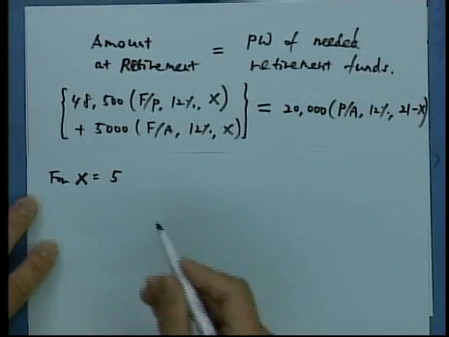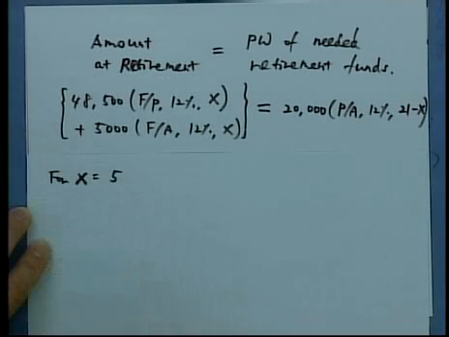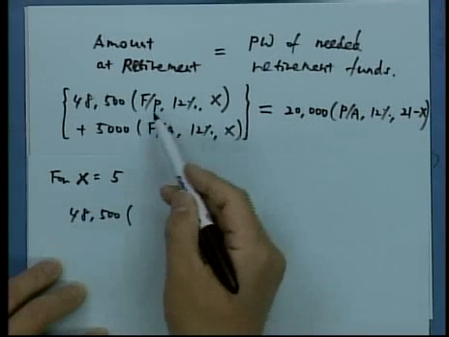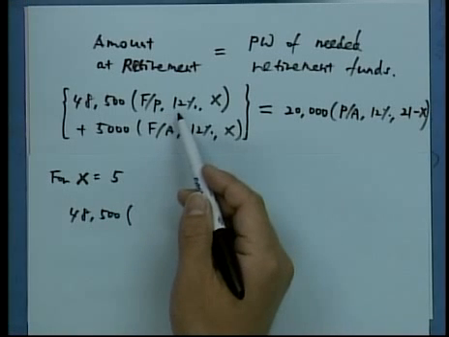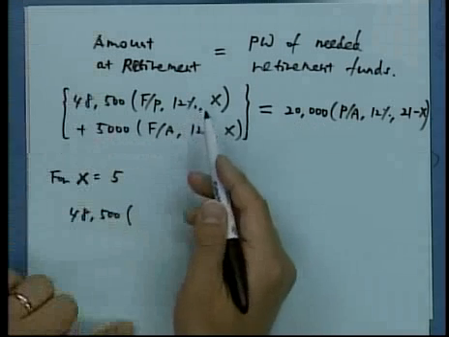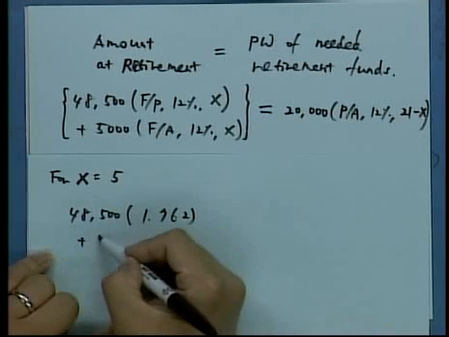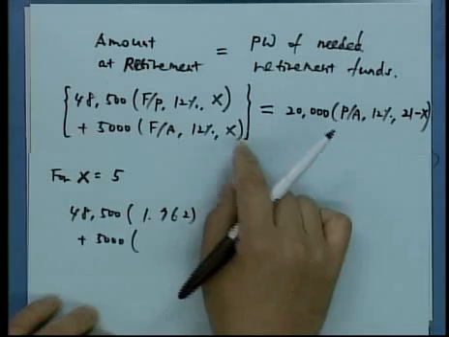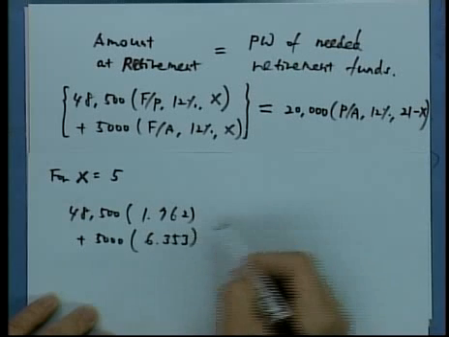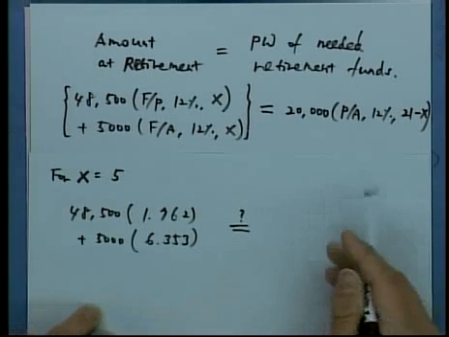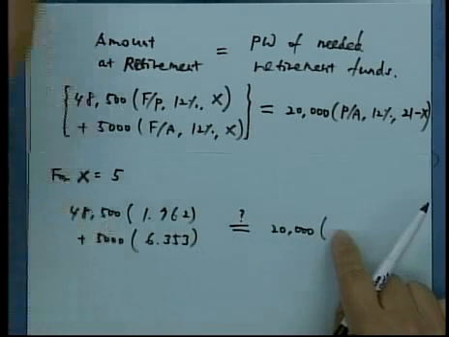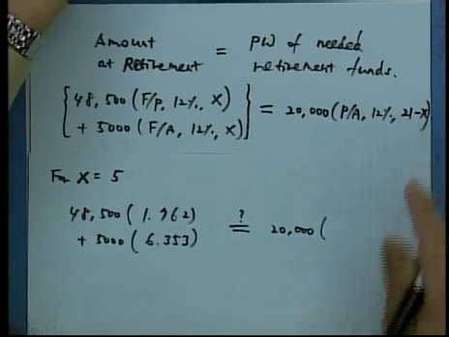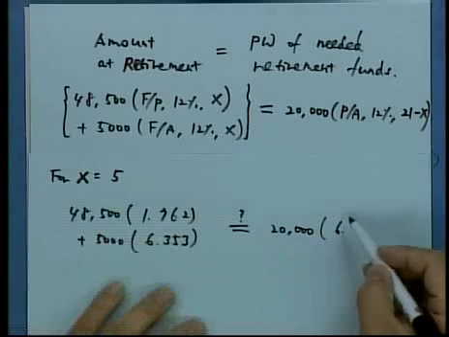If X is equal to 5, then it's going to be 48,500 times F given P over 5 periods, which is 1.762, plus 5,000 times F given A over 5 periods, that is 6.353, and 20,000 times P given A, 21 minus 5, that is 16, which is 6.974.